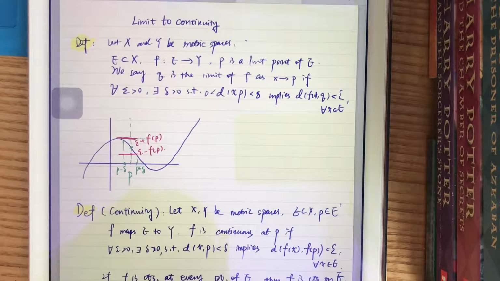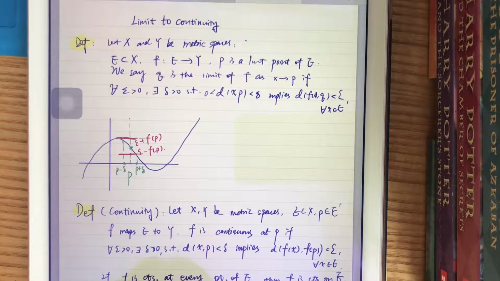So first of all, let's define what is a limit, or how we are gonna call the limit of a function. Okay, so now let X and Y be two metric spaces, and this is just the natural way that we define the function, right?